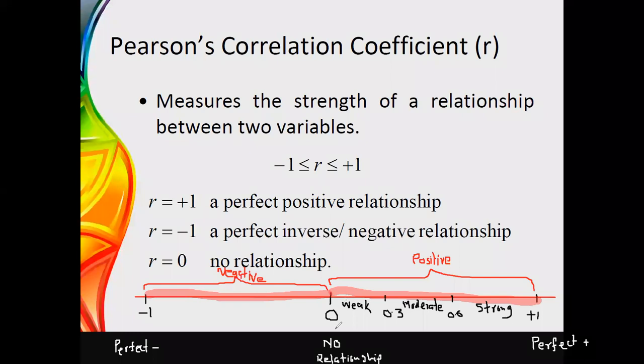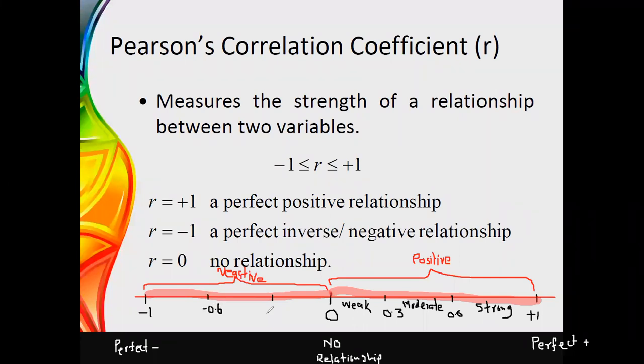Therefore, if the value is between 0 and 0.3, there is a weak relationship. If it is between 0.3 and 0.6, it is a moderate relationship. And if it is greater than 0.6 but less than 1, we can say there is a strong relationship. The negative side has the same interpretation.